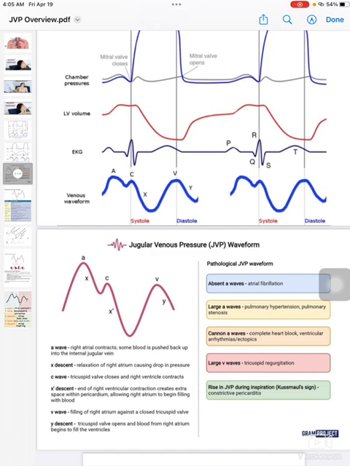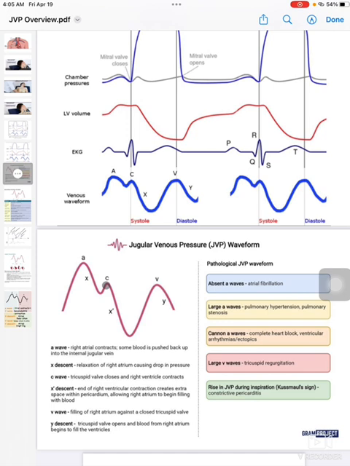This sudden projection of the tricuspid valve into the right atrium generates an upwards force which is transmitted into the superior vena cava and ultimately the internal jugular vein, causing a temporary rise in the jugular venous pressure referred to as the C wave.